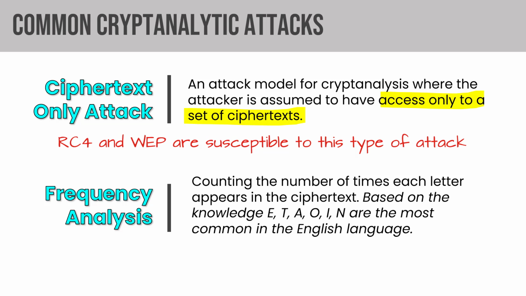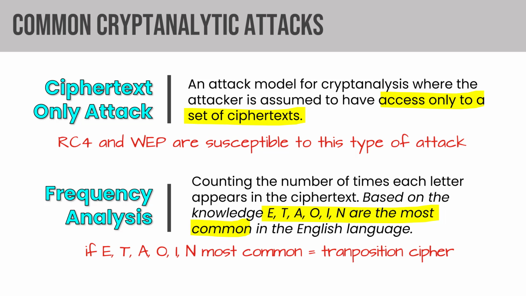So frequency analysis basically counts the number of times each letter appears in the ciphertext, with the knowledge that E, T, A, O, I, and N are the most common in the English language. So if those letters come up as the most common in trying to decrypt, you'd be working with a transposition cipher.